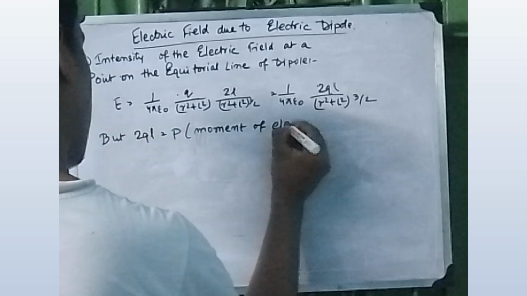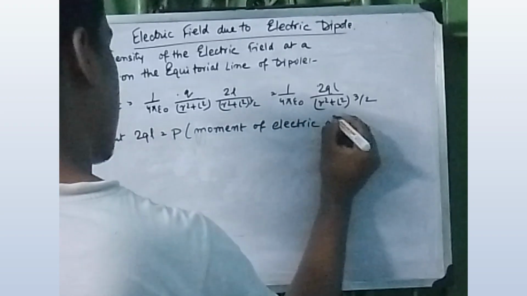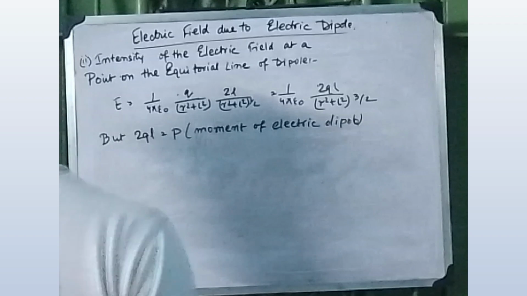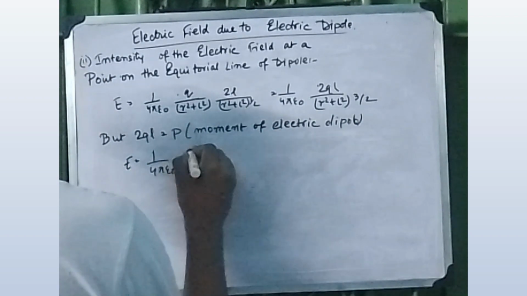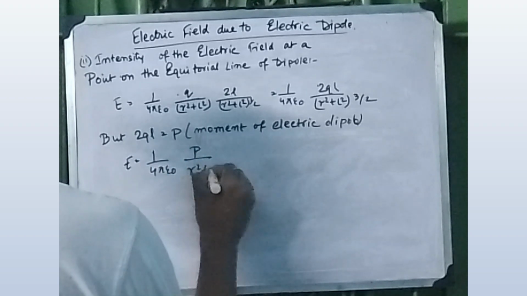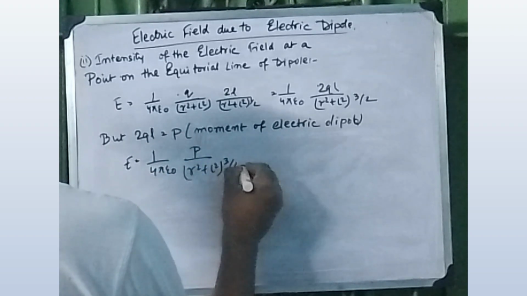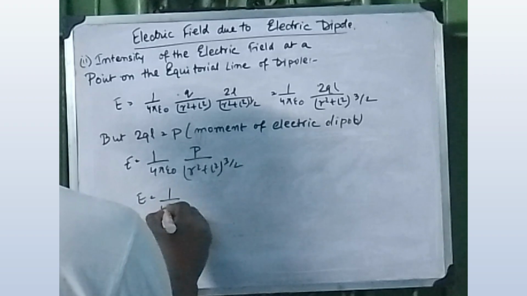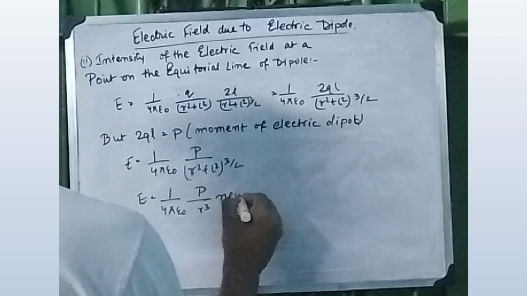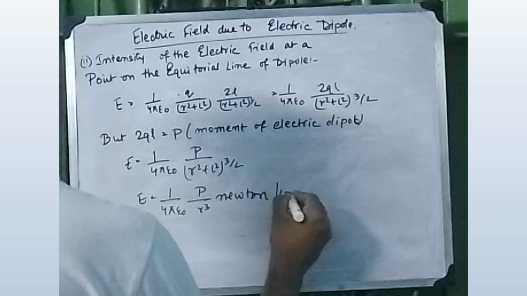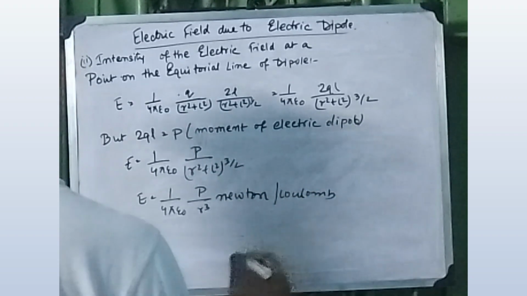But here 2QL equals P, the moment of the electric dipole. We will substitute P for 2QL. Therefore, E equals 1 by 4 pi epsilon naught P divided by (r square plus L square) to the power 3 by 2, and E equals 1 by 4 pi epsilon naught P by r cube Newton per Coulomb.